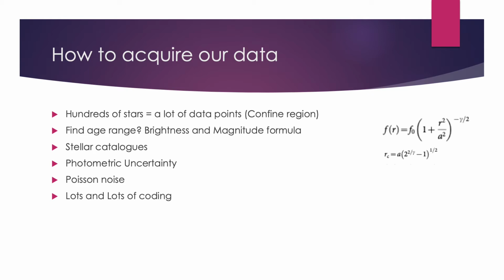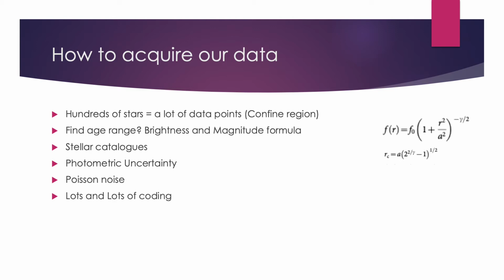Then they had to use some key formulas that we learned in math, and a few more that are a bit more complex, as we see on the right, where they try to find the total luminosity of the whole cluster through this formula, and the radius, so we can actually get the age and the brightness.